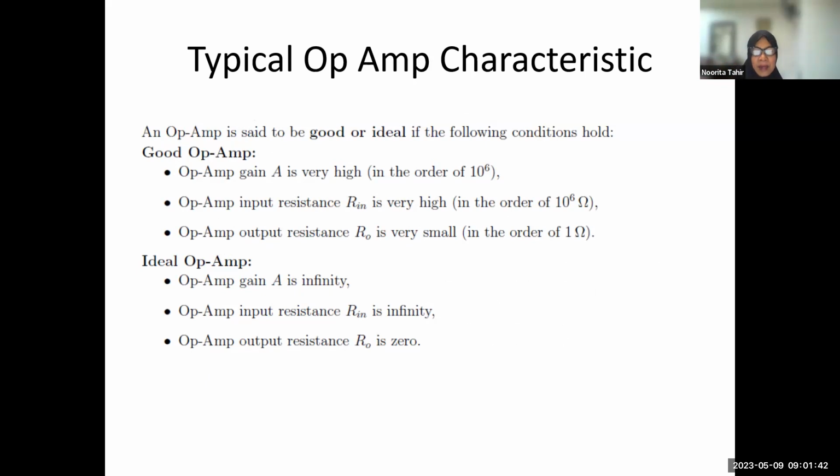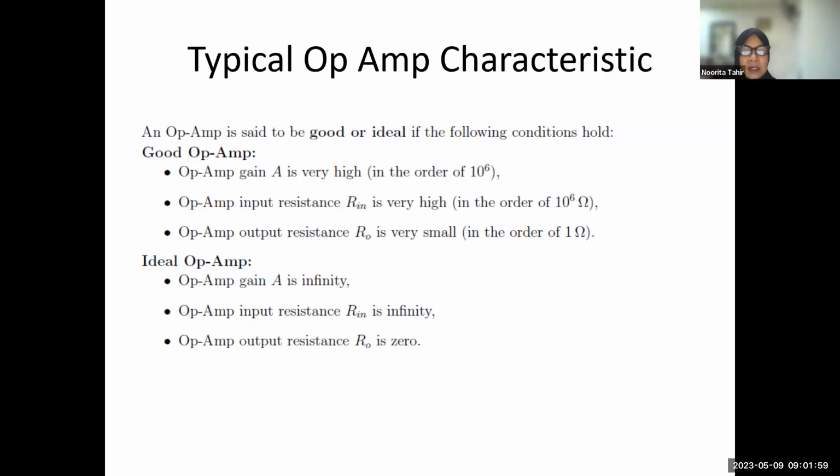Okay, for our OPM there are two things that we looked into last week, which is the ideal. Ideal means the theoretical value, the ideal characteristic of an OPM. But if we go to the labs, practically what will be the value?